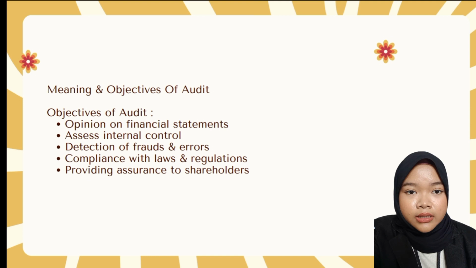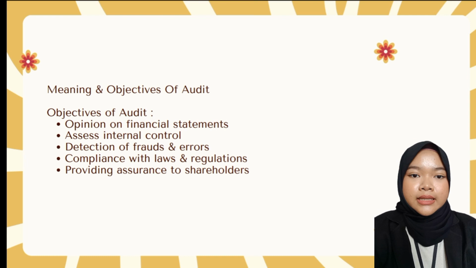The second one is assessing internal control. The auditor uses the understanding of internal control and the assessed level of control risk in determining the nature, timing, and extent of substantive tests for financial statement assertions.